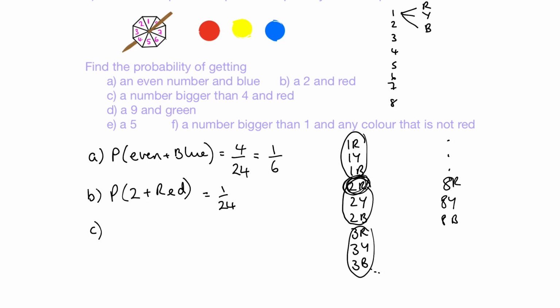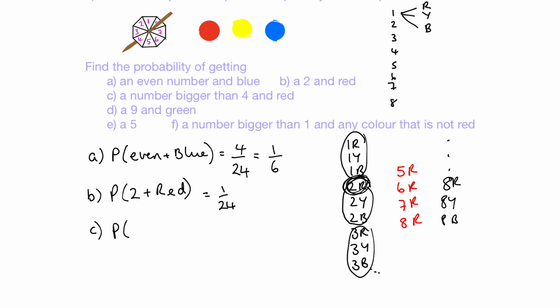Okay. Part C, a number bigger than 4 and red. So the numbers that are bigger than 4 are 5, 6, 7, and 8. And followed by red. So there's only 4 different ways of that happening.